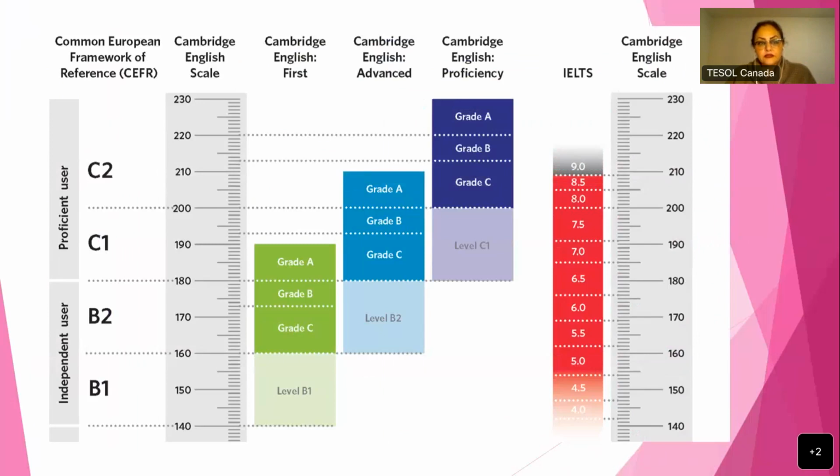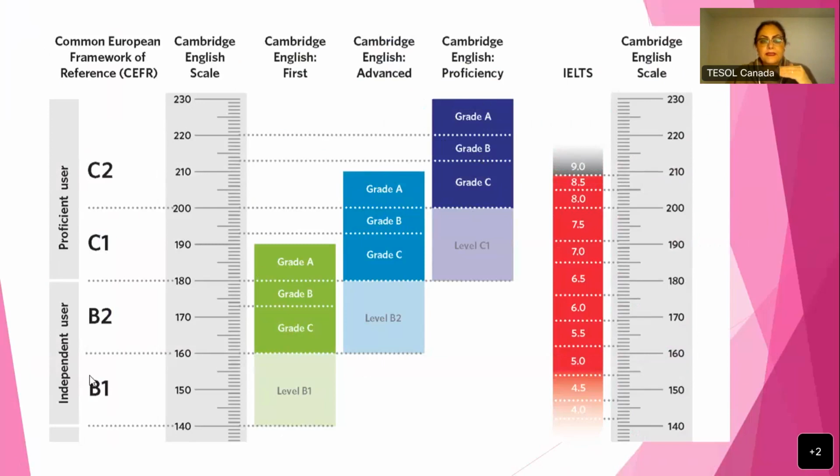Look here, you can compare it with other exams. We have different international exams, of course. For proficiency, there are TOEFL, IELTS, and Cambridge exams, so we can see the difference.